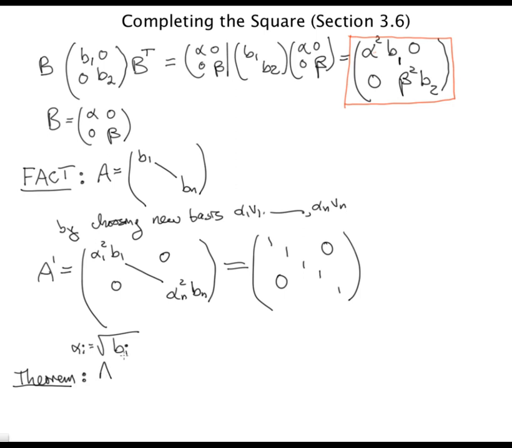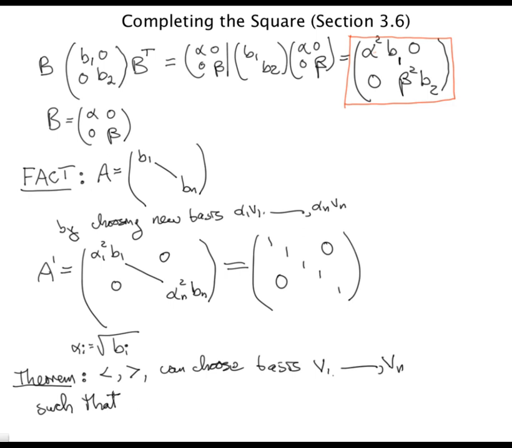If you have an inner product, then you can choose a basis V1 through Vn such that, so remember, when you choose the basis, that determines the matrix of the form, and a different basis gives you a different matrix.